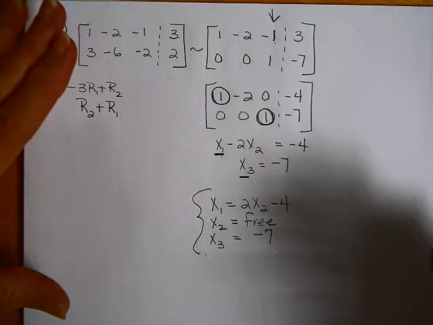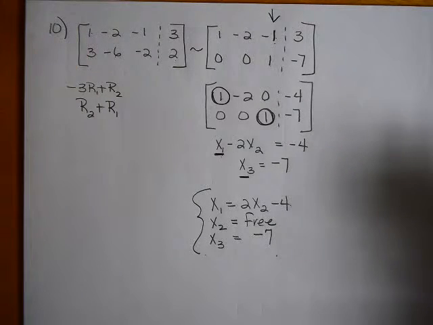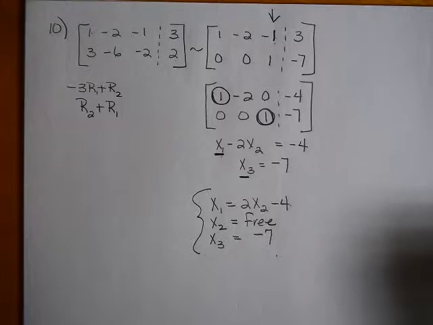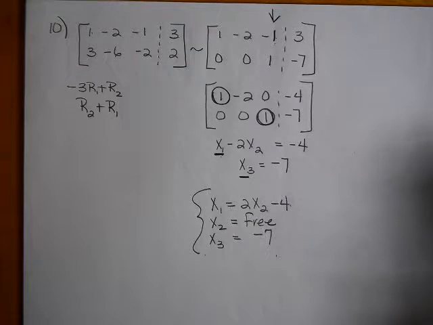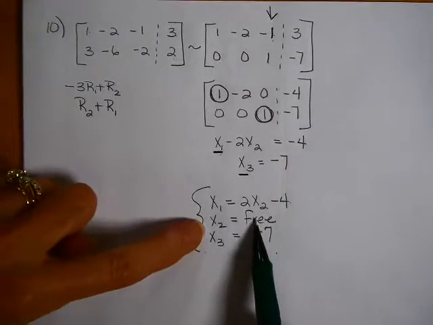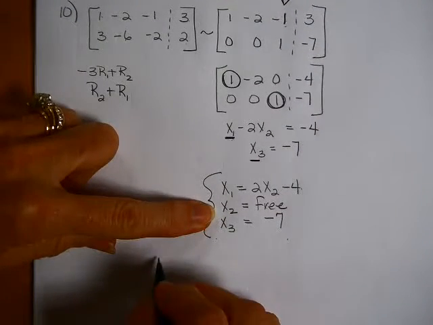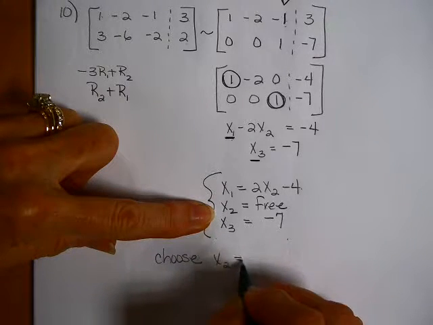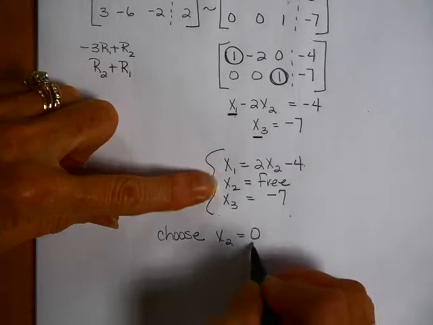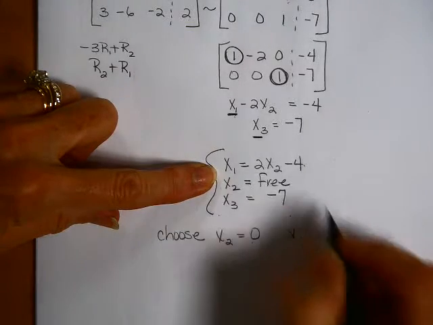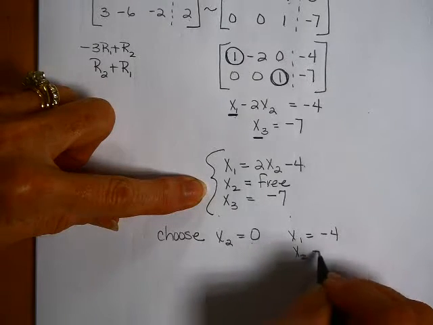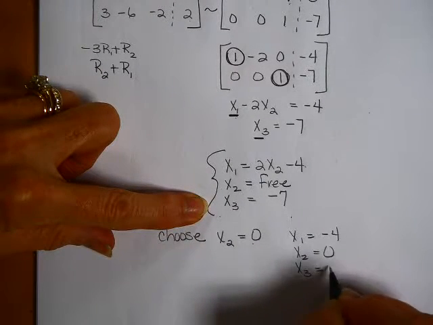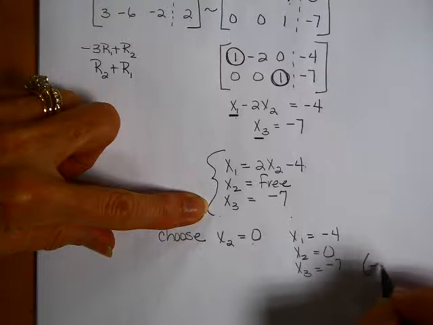Does everybody understand that? If I ask you to list me a couple of solutions, what could you do to list me some actual solutions? All you have to do is pick values for x2. So maybe let x2 be 0. If x2 is 0, then x1 is going to be -4, x2 is 0, x3 is always -7. It doesn't change.